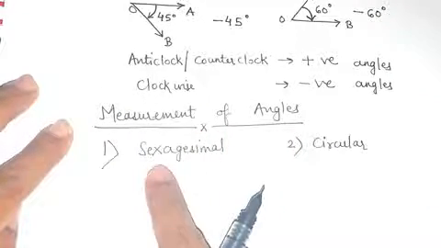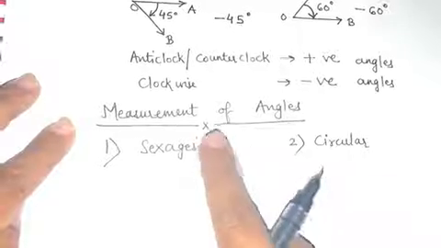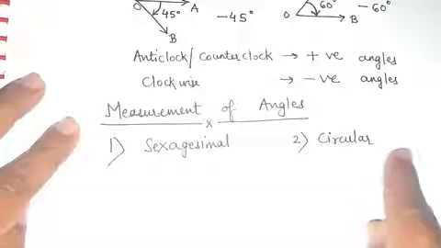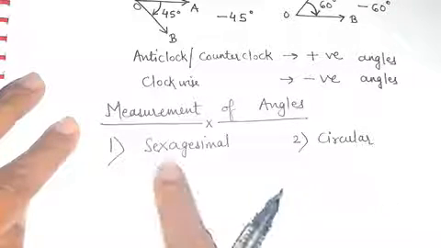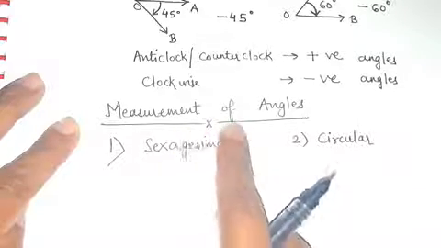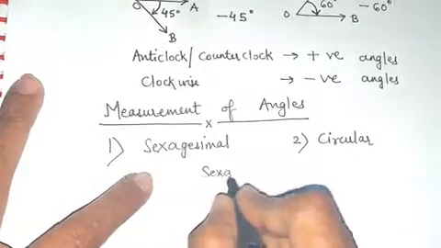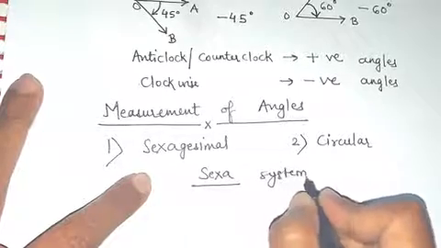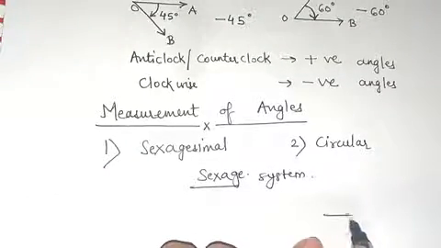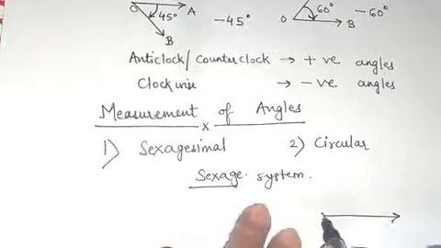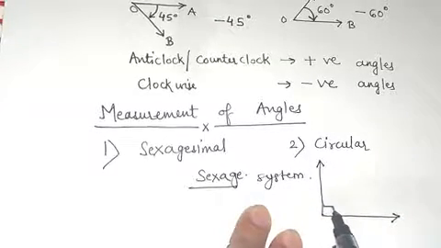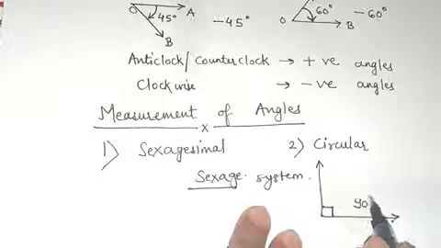I repeat, first is the sexagesimal system of measurement of angles, and second is the circular system of measurement of angles. So let's visualize the first system, the sexagesimal system. In the sexagesimal system, there is a horizontal line and exactly a vertical line, and the angle between them is measured as 90 degree.